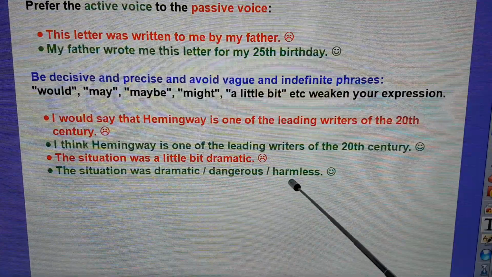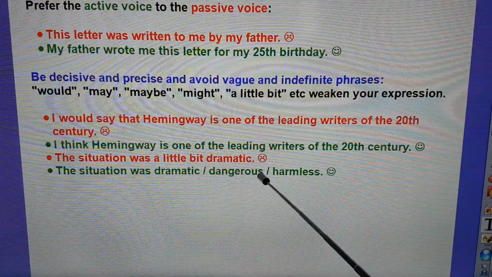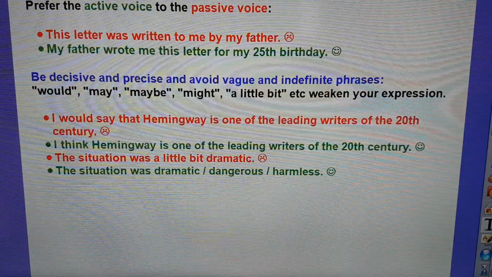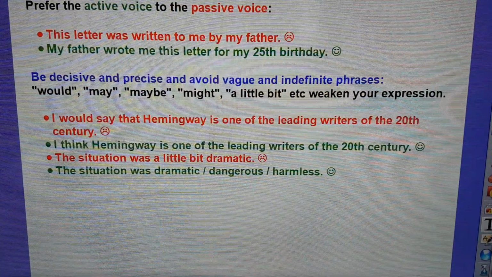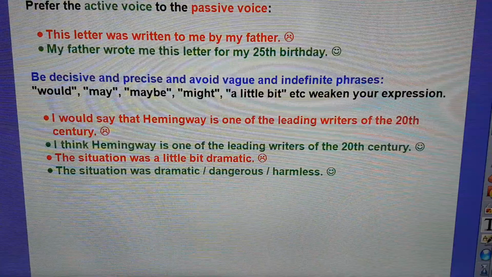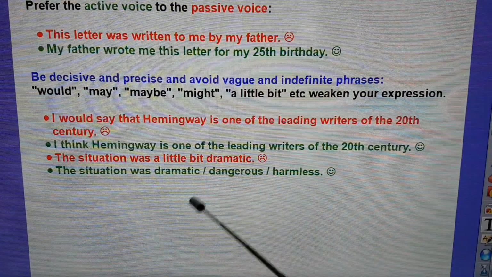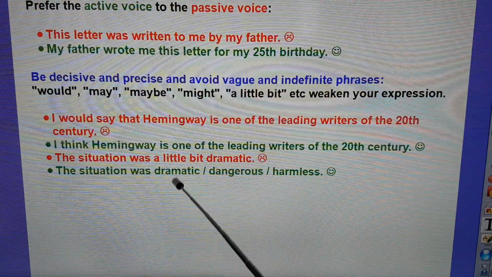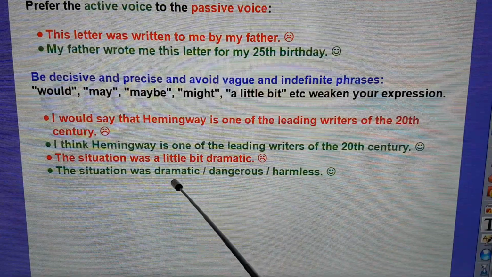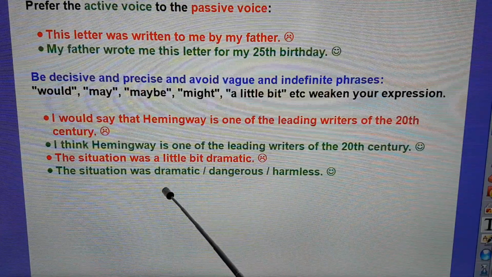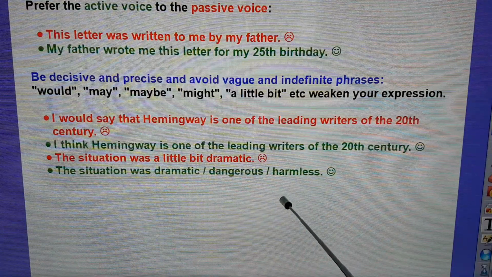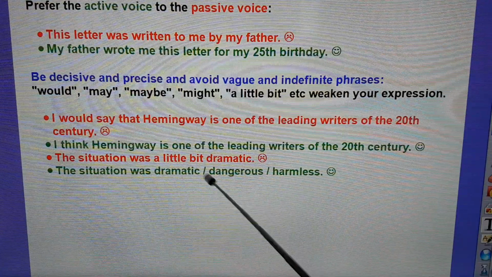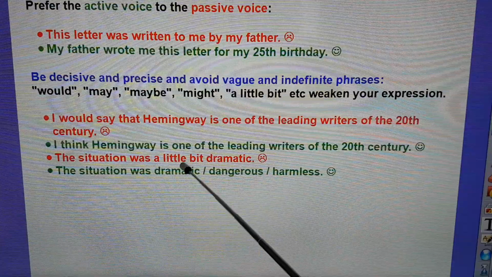But probably then the situation isn't even worth mentioning. Then you may not even need to talk about it at all. So say what was happening, say whether it was dramatic or dangerous or harmless, but don't go little bitting here, okay?